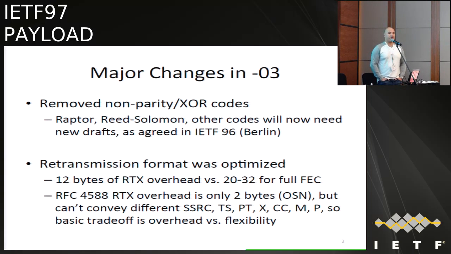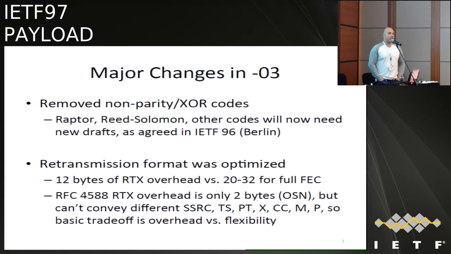The old retransmission header is only 2 bytes. There's an original sequence number, and that's it. Everything else is basically inherited from the RTP header. So there's a little bit of friction here: if we try to reduce the overhead too much, then we lose some of the benefits of flexible FEC. The point of flexible FEC is to have flexibility to do multiple things.